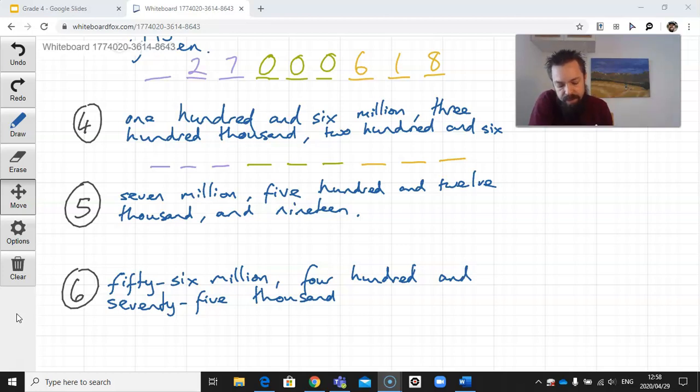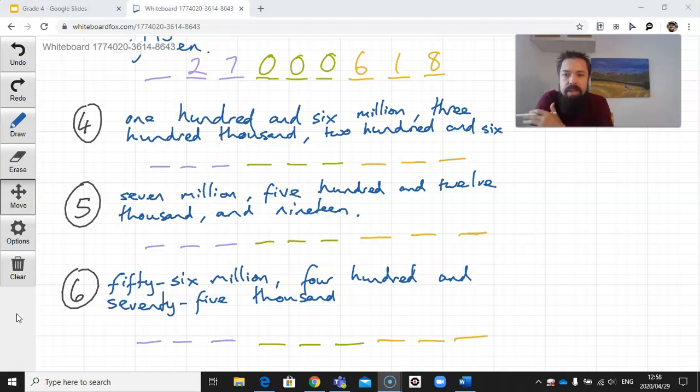I see the biggest family I have is the millions, so I'm going to draw the millions all the way down. I also have millions in number 6, so I'm going to draw all my families from millions all the way down. Right, if you'd like a little bit more time, pause it. I'm going to do number 4 now.